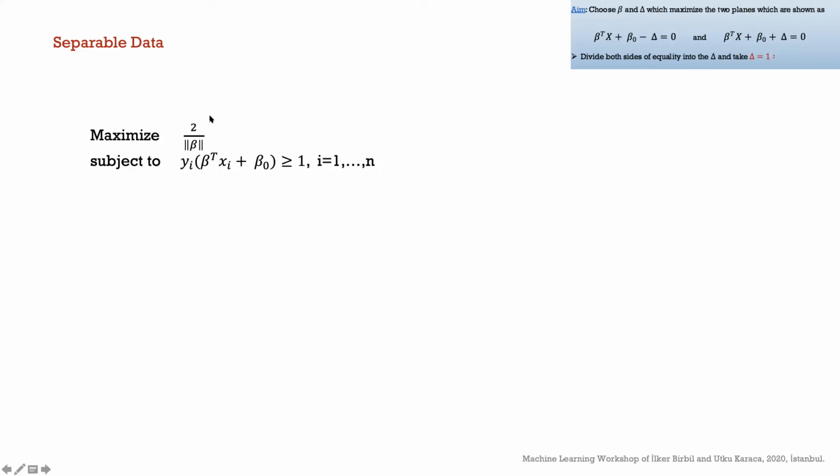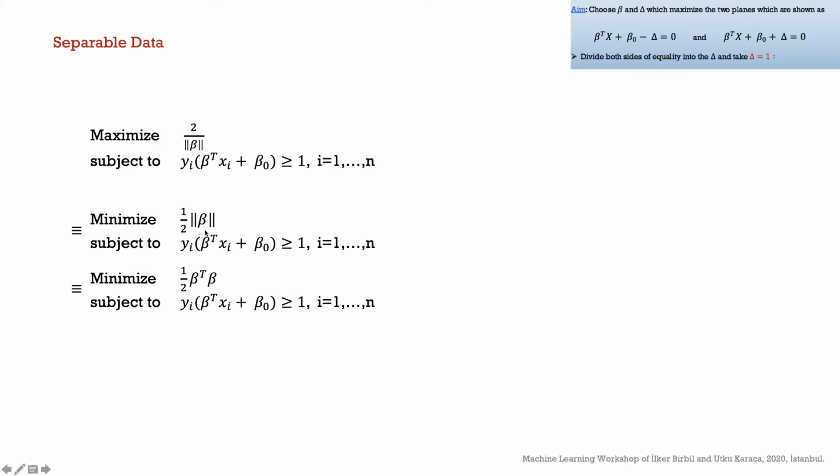So we are trying to maximize this subject to this constraint. Maximizing this is equal to minimizing that, which is easier to minimize, and we still have the same subject-to equation.